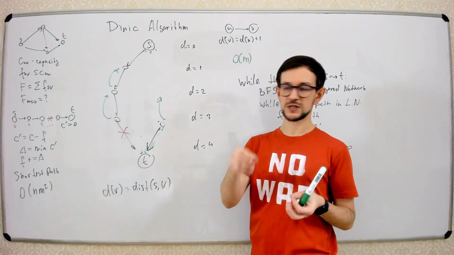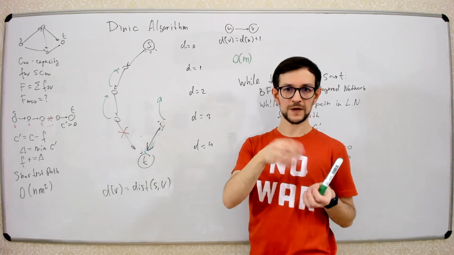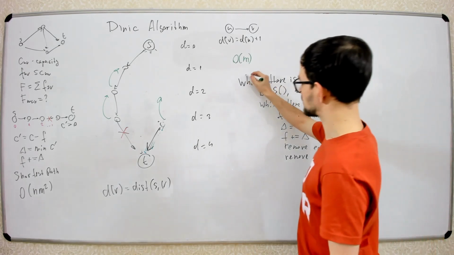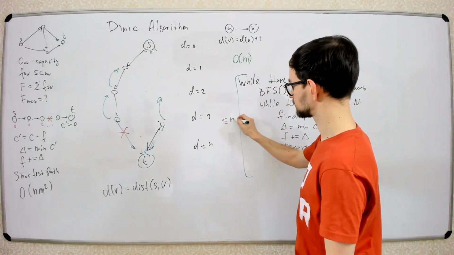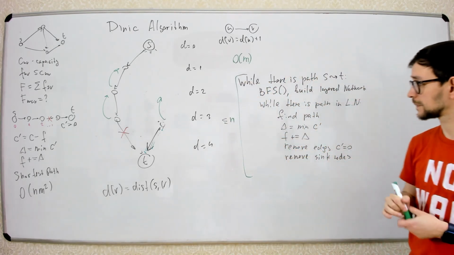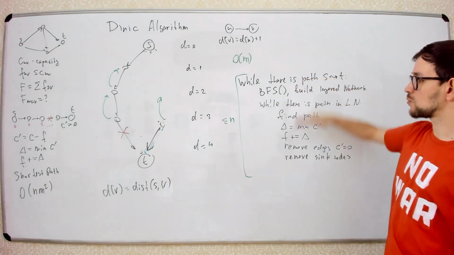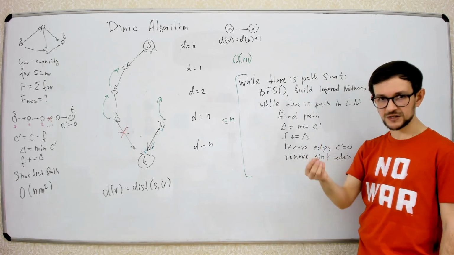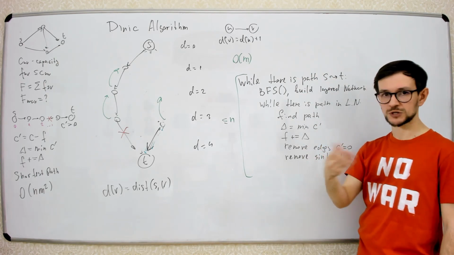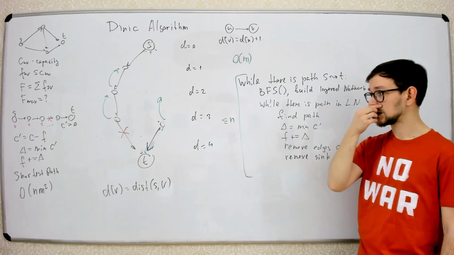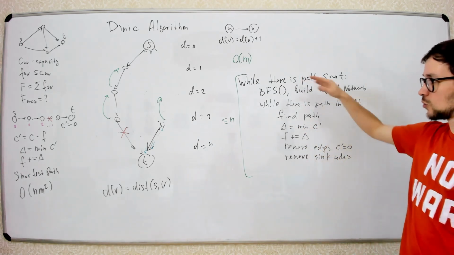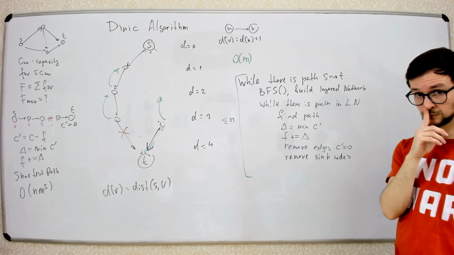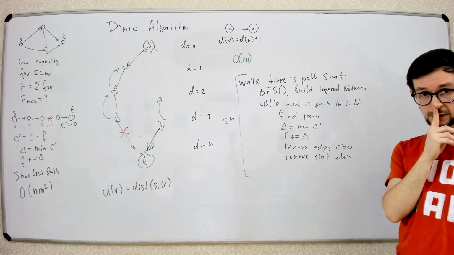So we cannot increase this value dt more than n times, and we do all these steps no more than n times. Clear enough?